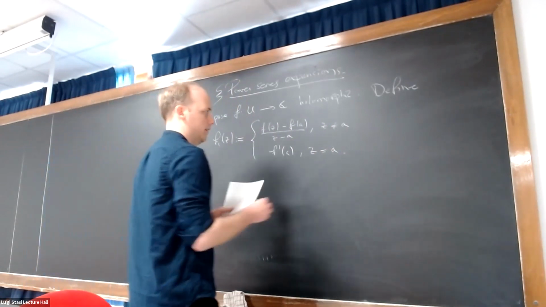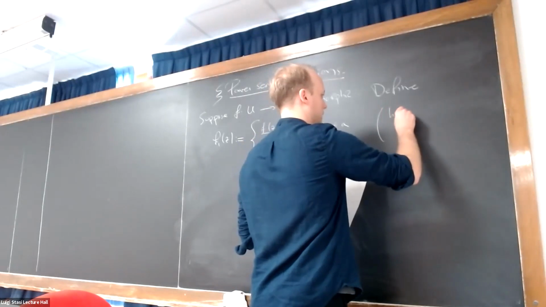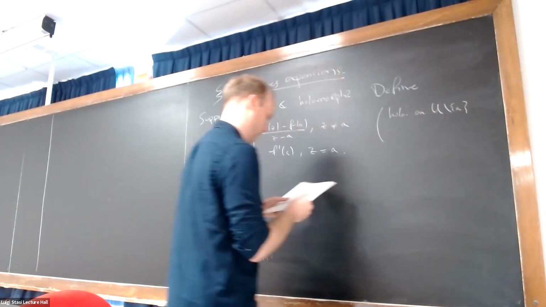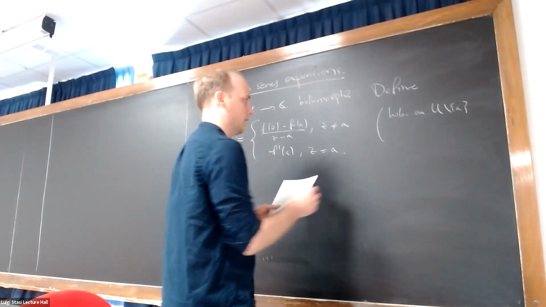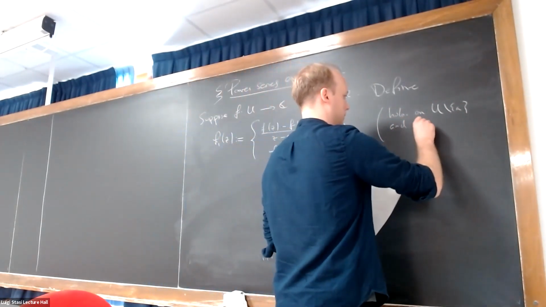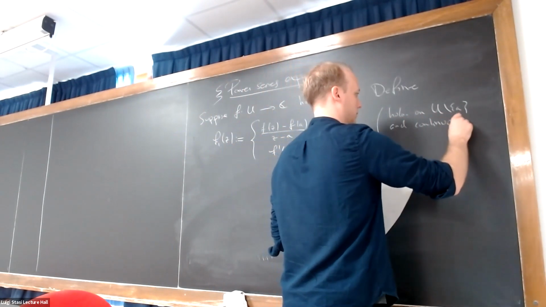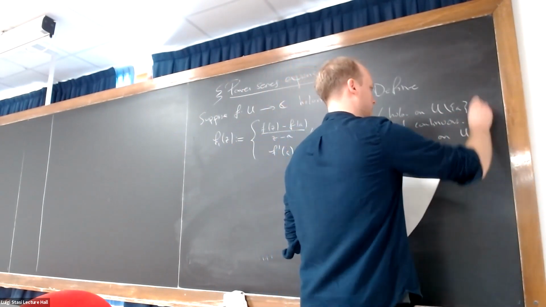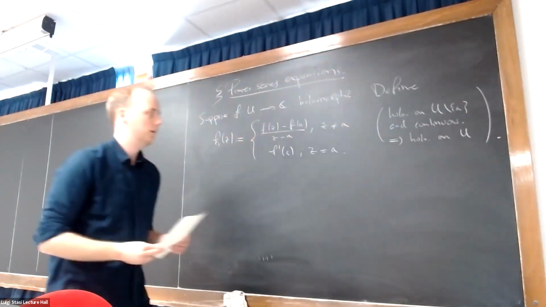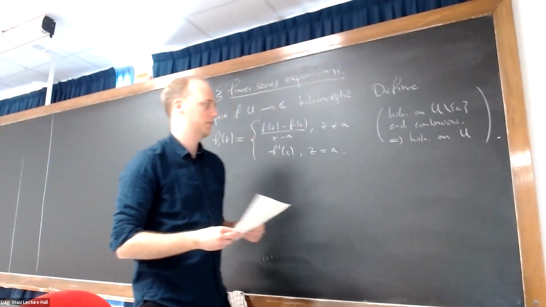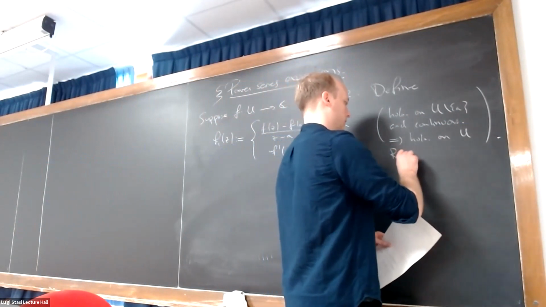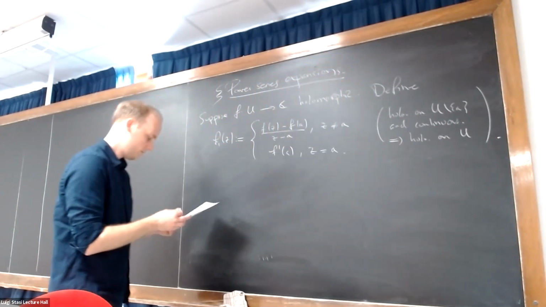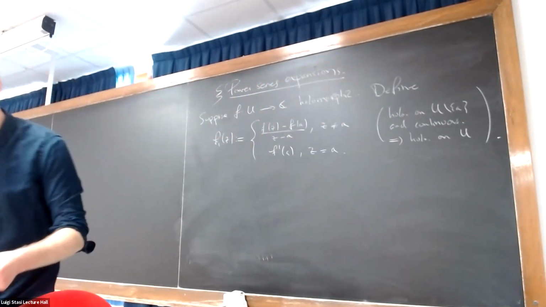So of course it's holomorphic on u minus a and continuous. This implies that it's holomorphic on u by this removable singularities theorem, or by this lemma that we had earlier, if you want.